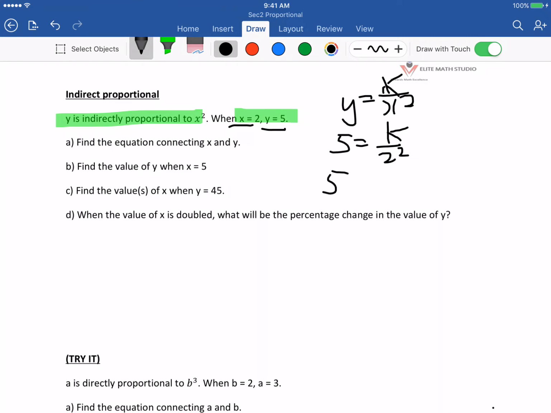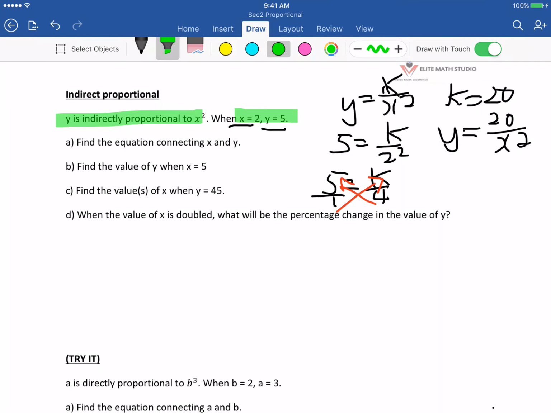So it's 5 equals k over 4 over 1, cross multiply, so k equals 20. Cross multiply, I hope you know what is meant by cross multiply. You take 4 times 5, this times this. Once you find the value of k, you need to substitute back into the equation. So the equation should read as y equals 20 over x squared.